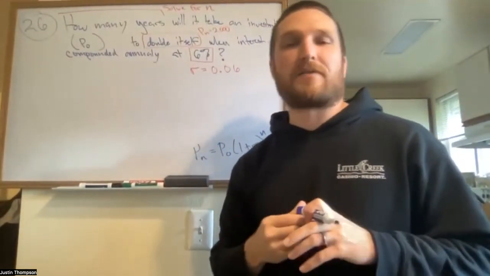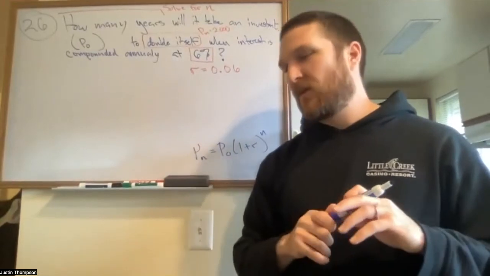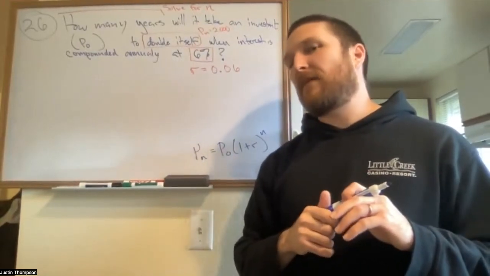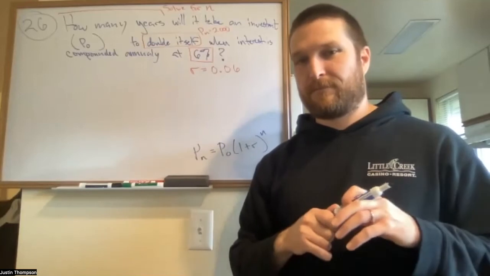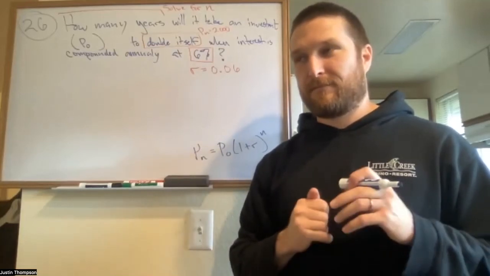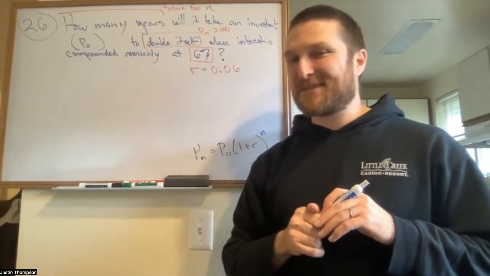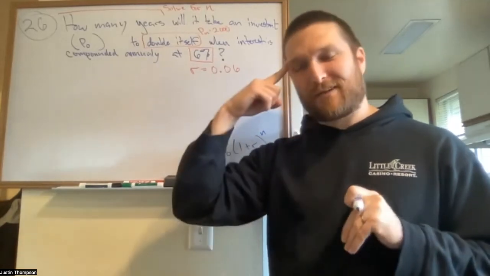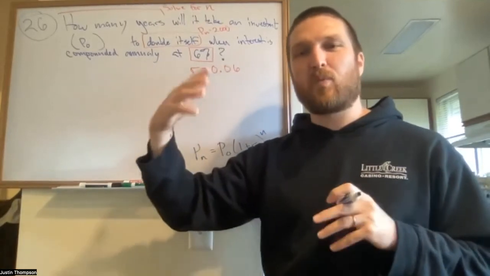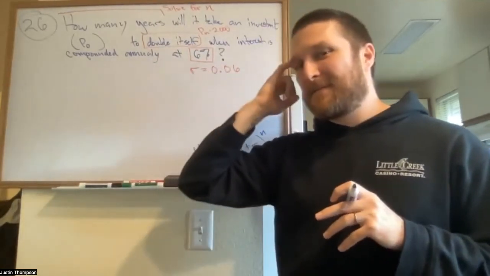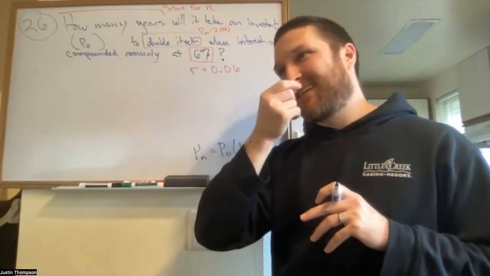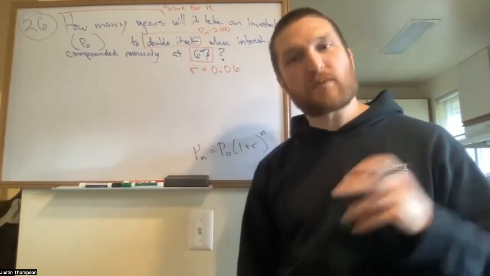What's double 1,000? 2,000. What's double 521? Don't do the calculation. Don't give me the final answer. What are you doing in your head? Times 2. That's what you're doing every time, right?